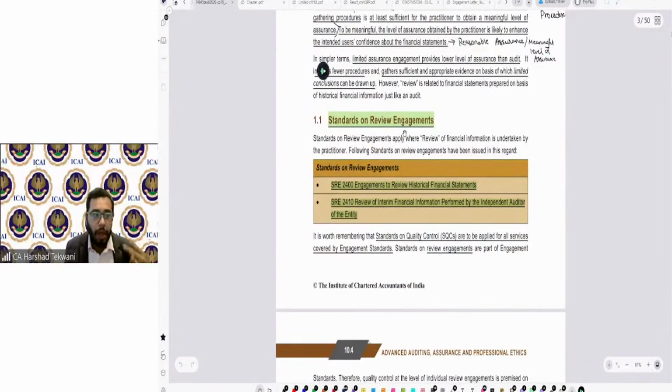So SRE 2410 is a specific one which is performed by the independent auditor. But SRE 2400 is performed not by the auditor, but by a practitioner, and it's an umbrella standard for all the review engagements. So that was the basics of SRE, how the bifurcation of SRE is done.